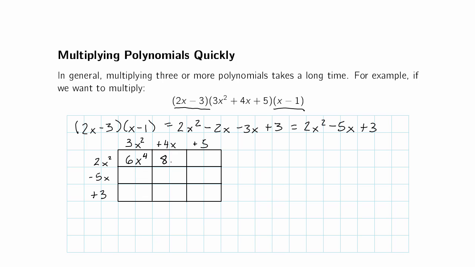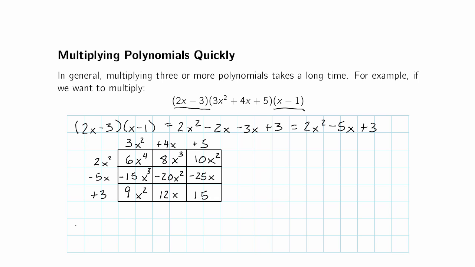Here we've got 8x to the 3rd, 10x squared, negative 15x to the 3rd, negative 20x squared, negative 25x, 9x squared, 12x, and 15.